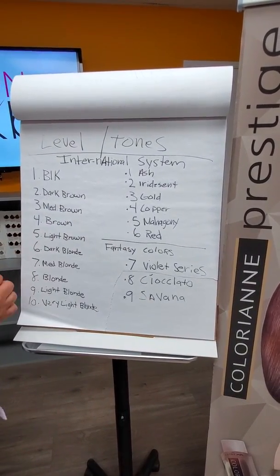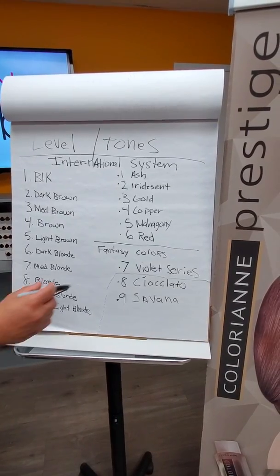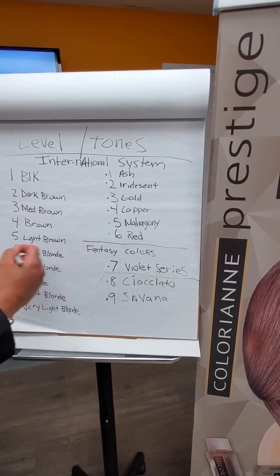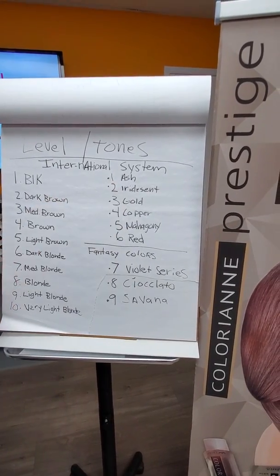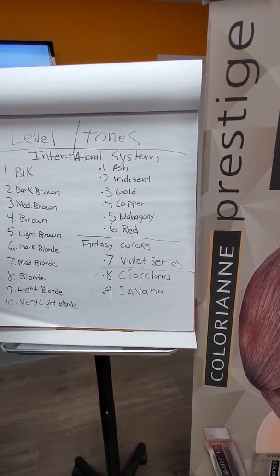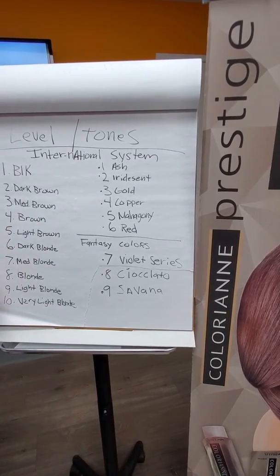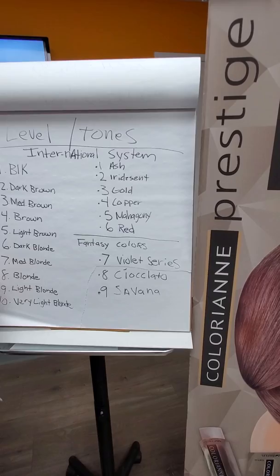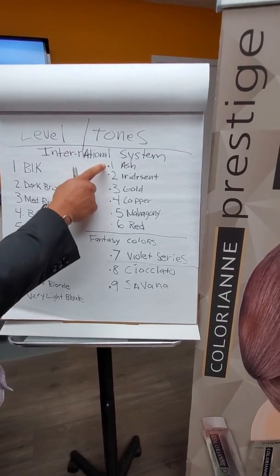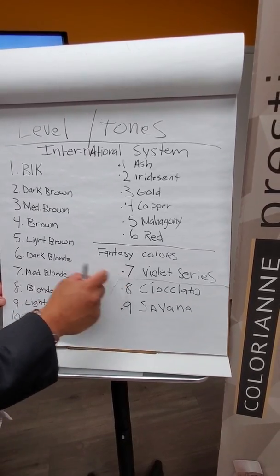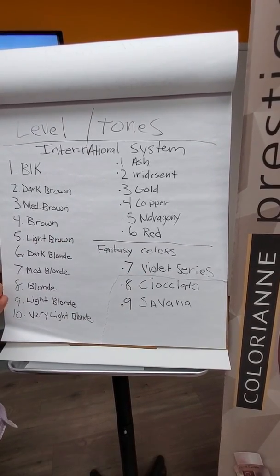However, many companies use what we call fashion colors. And they are colors that are outside of the International System. With Prestige, we have 3 different color series. Notice it begins with 7 because we respect 1 through 6. Point 7 is going to be your violet series.